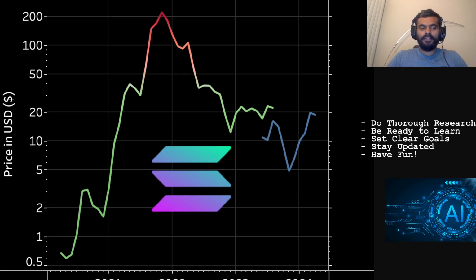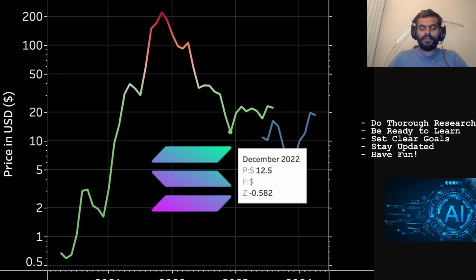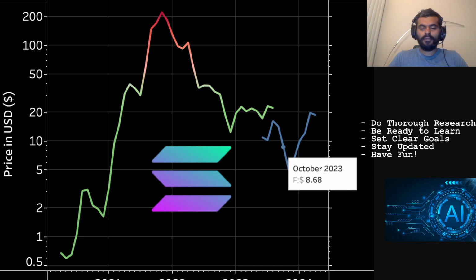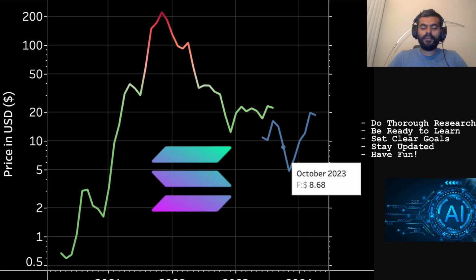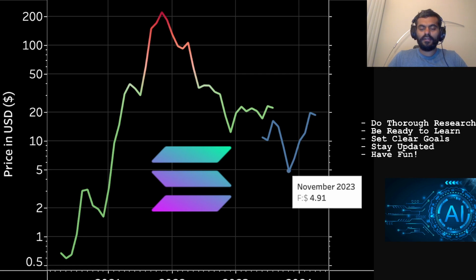And the third case is the bear case, where the Sol token takes out the lows created in December 2022 in the October November time frame, and also crashes beyond that point by more than 50%, to around $5, and then rallies back to the current valuation before the Bitcoin halving.